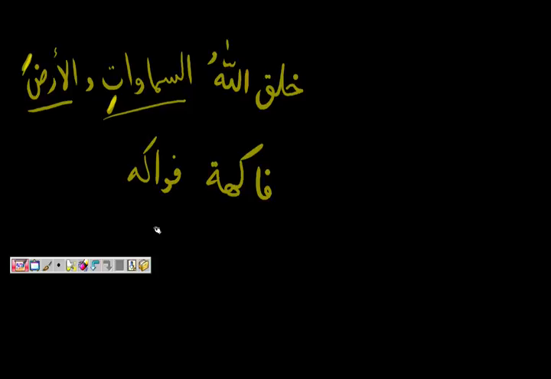So laysa ilmun, there is not knowledge lana, for us. And then bihi refers to the ilm. So it would be laysa ilmun bihi, knowledge about it, lana, for us. But the order will be a little bit different from what you'd expect. So we'll say laysa lana bihi ilm. There is not for us knowledge about it.